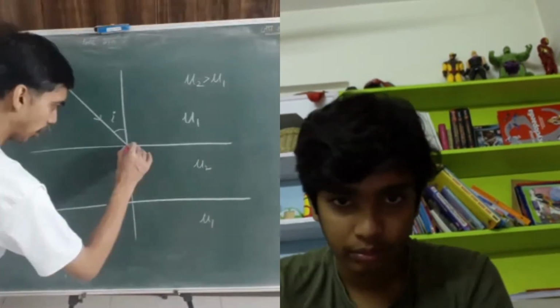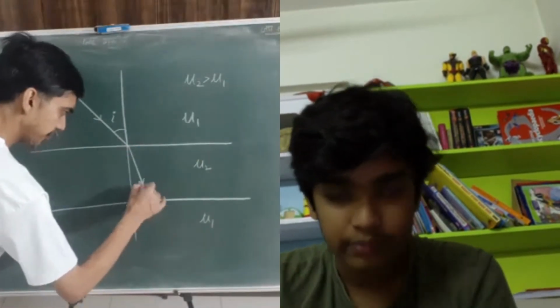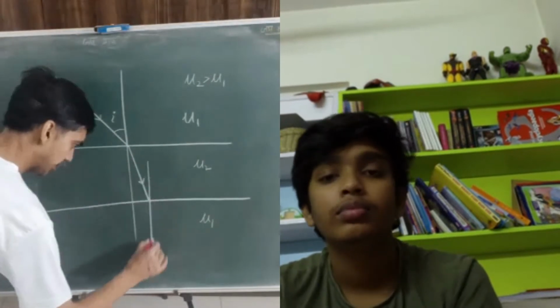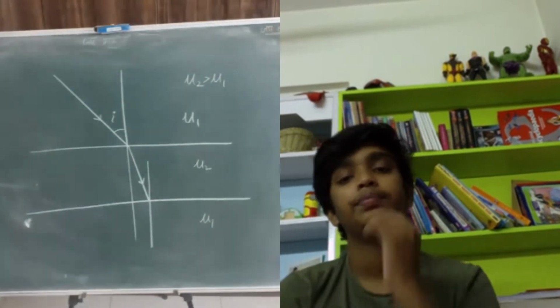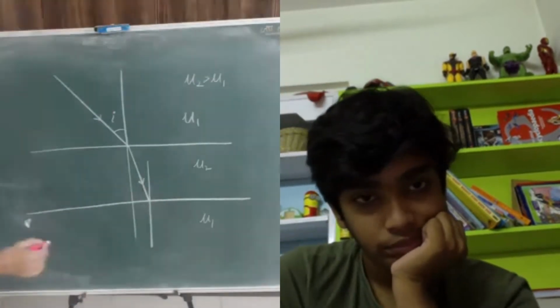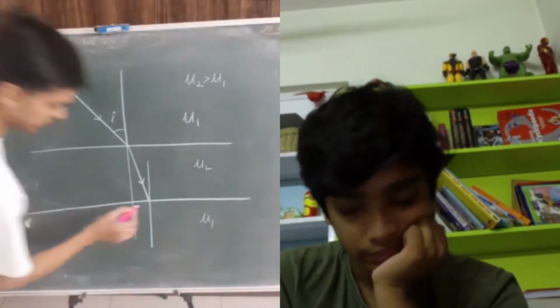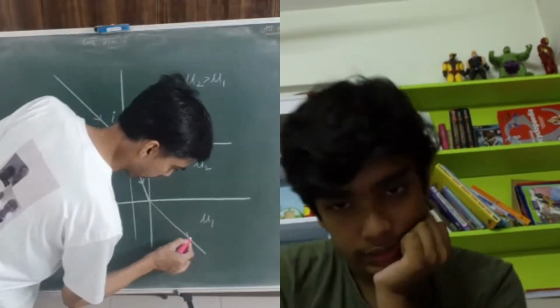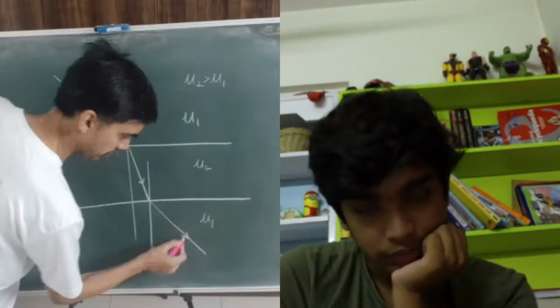It will bend towards the normal, right? And then we draw the normal here at the point of emergence. Now it is moving from denser to rarer, so it deviates away from the normal, right? Okay, is it visible?